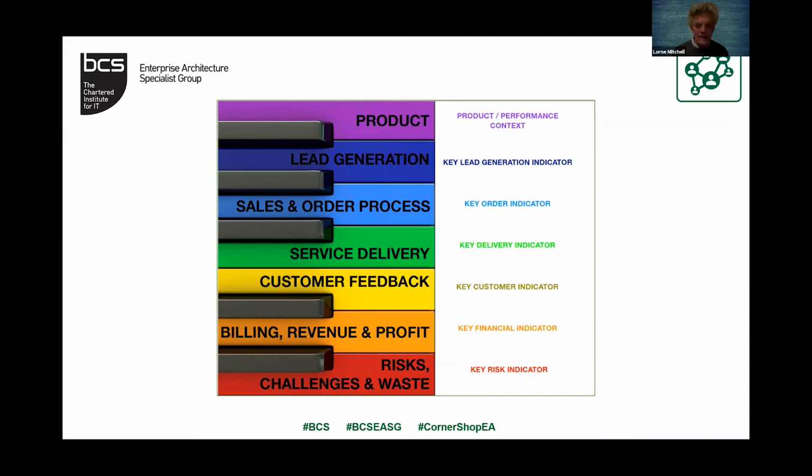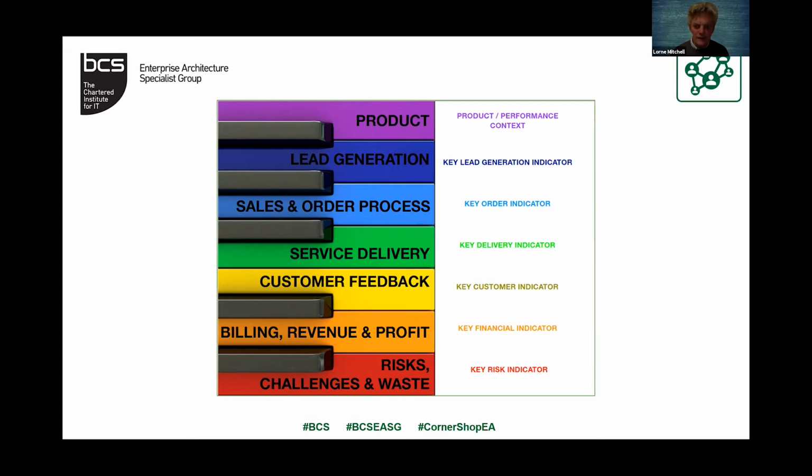And then the next three are service delivery. That's installing the product, delivering it, shipping it, whatever it is. What are the delivery indicators around that, and what are your KPIs around that function? And then customer feedback, either in terms of faults, or questions they have, or repairs they might want.